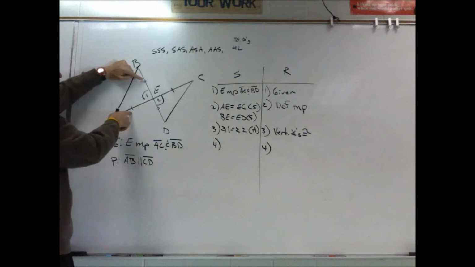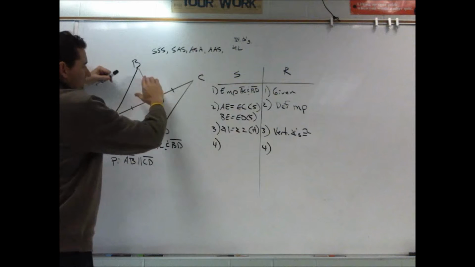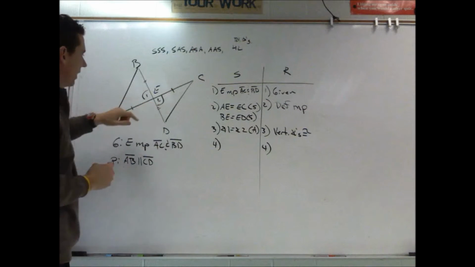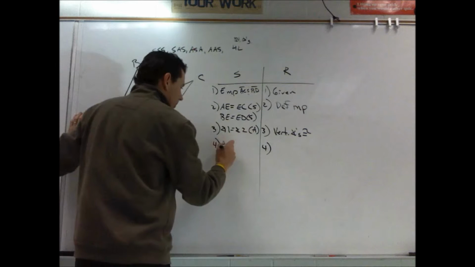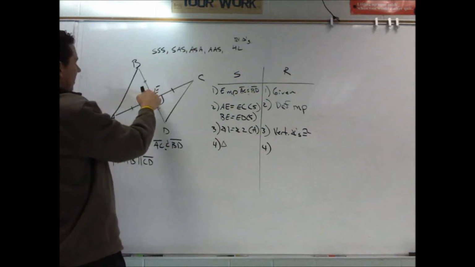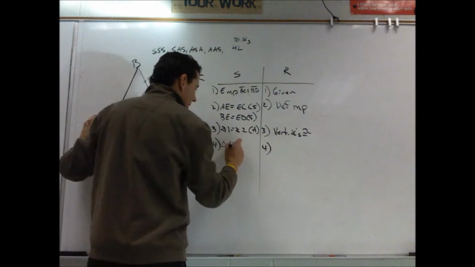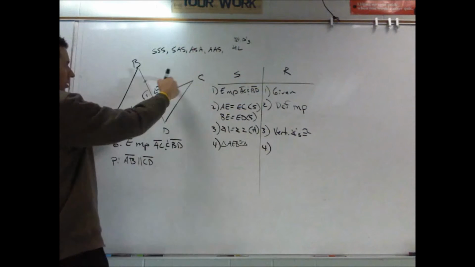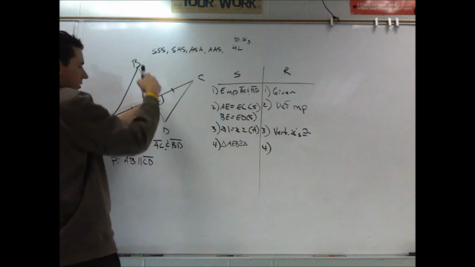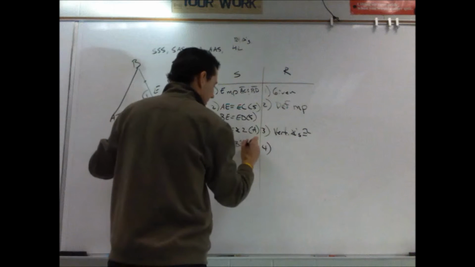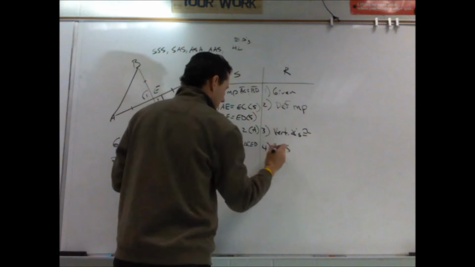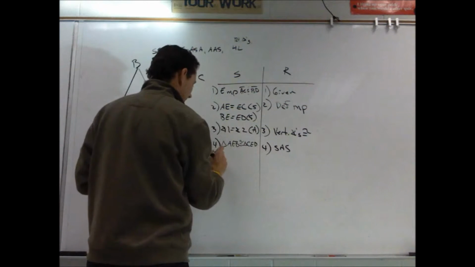Well, notice, two sides and the angle that those two sides make, the included angle. Two sides and the included angle. Now let's get this right. Triangle AEB is congruent to triangle, now A corresponds with C, E with itself, and B with D. So this is going to be CED. SAS.